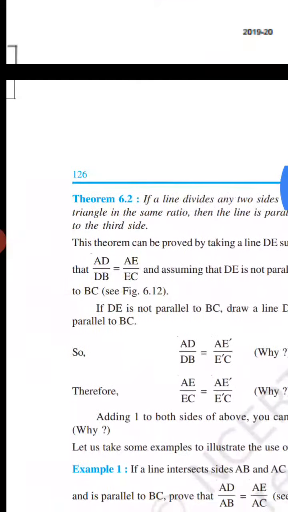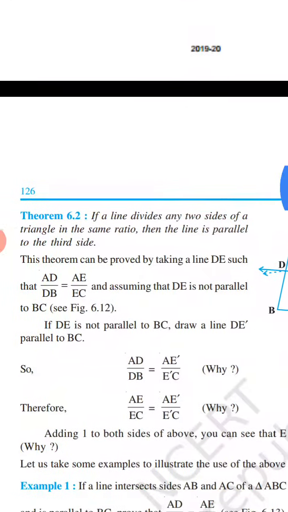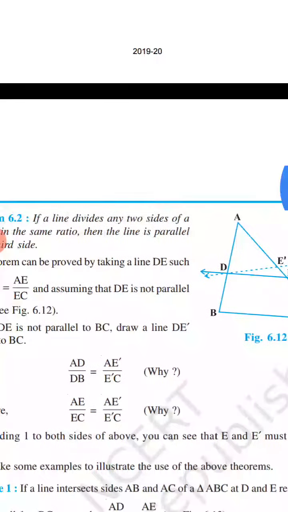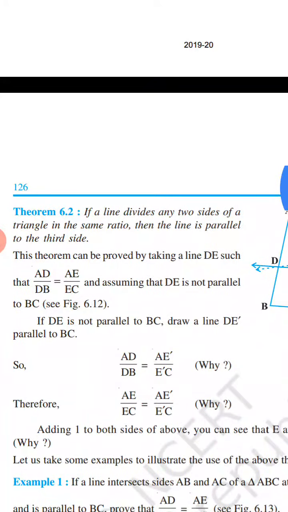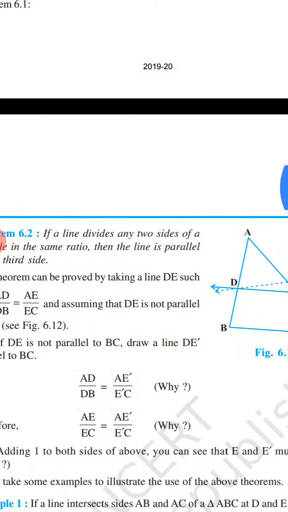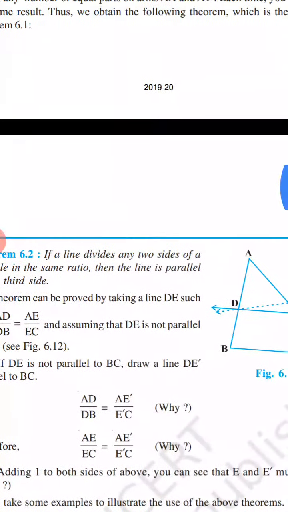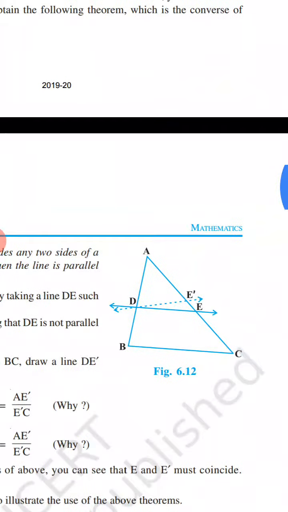Now we have to prove it. For that we apply the method of contradiction: suppose DE is not parallel to BC, and we draw a line DE dash parallel to BC.